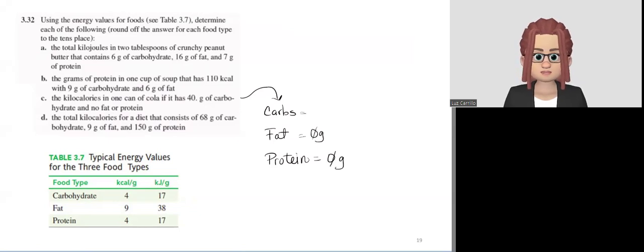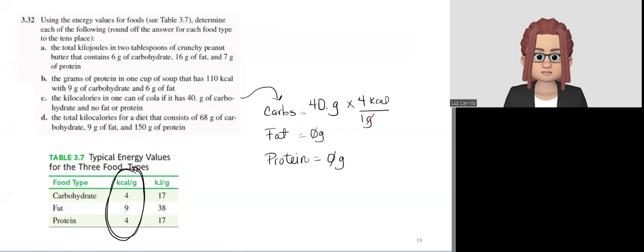It is all carbohydrates. So since I have 40 decimal place grams of carbohydrates in this food product and I'm interested in the kilocalories, I'm going to utilize these values, which means that I'm going to take that 40 grams and multiply it by 4 kilocalories per 1 gram.